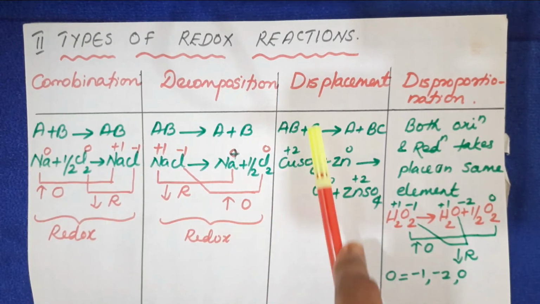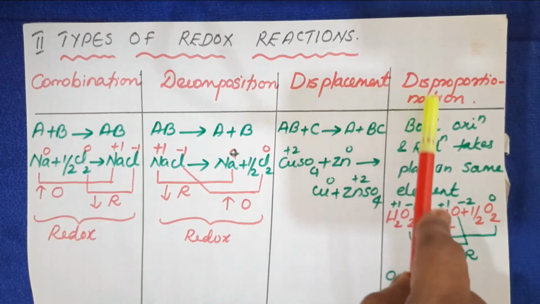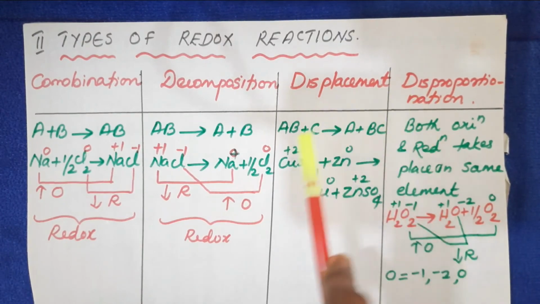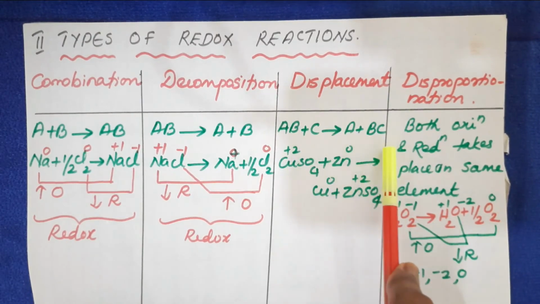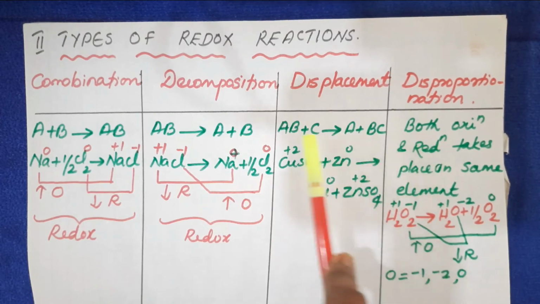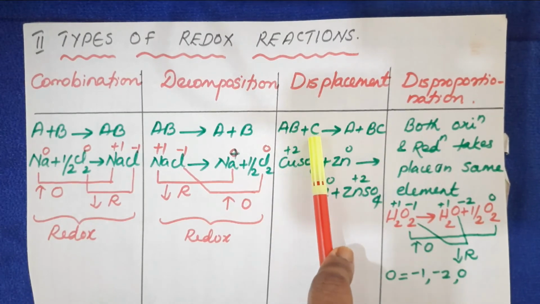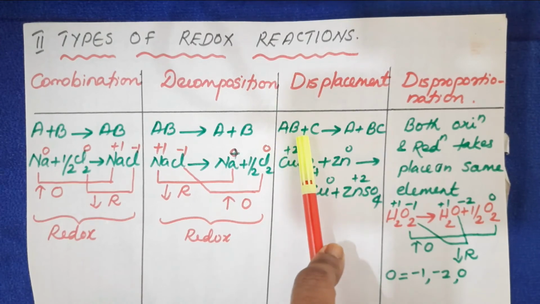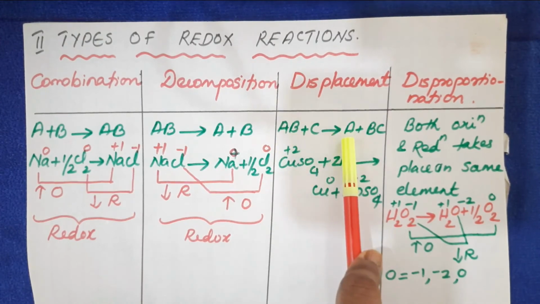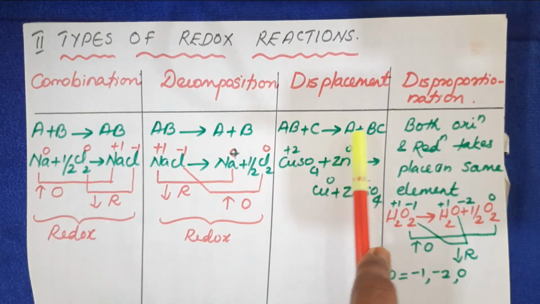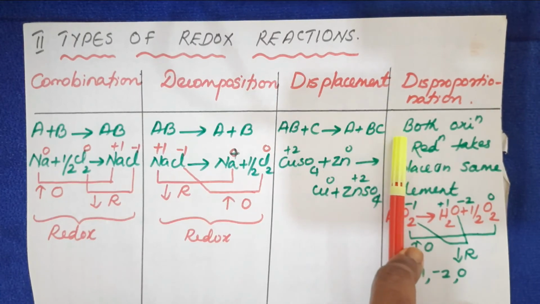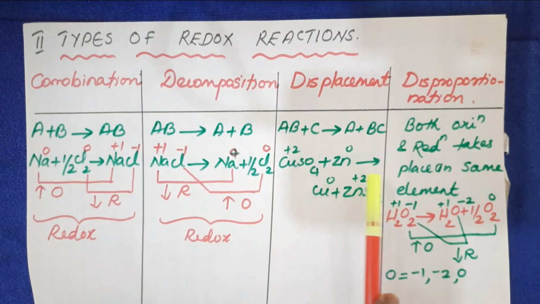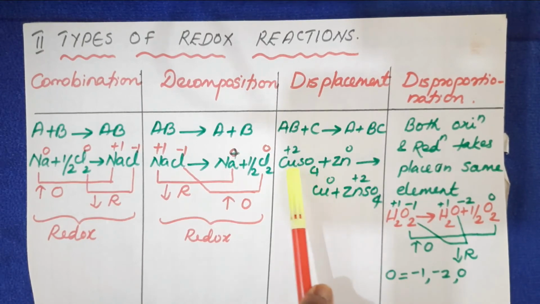Now the third one is displacement reaction. See the example? AB plus C give A plus BC. What happened here? Here C displaced B from AB. Okay, and the product is A become alone, A plus BC. It's a displacement reaction. One particular example is copper sulfate and zinc. Here sulfate is with copper.